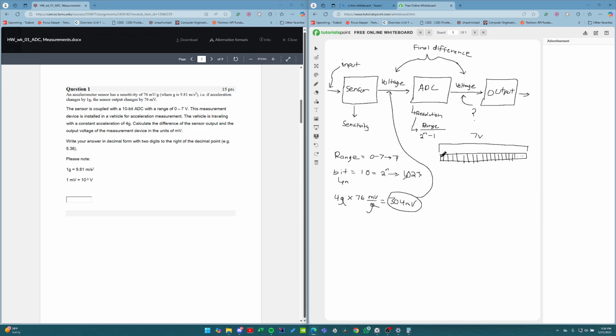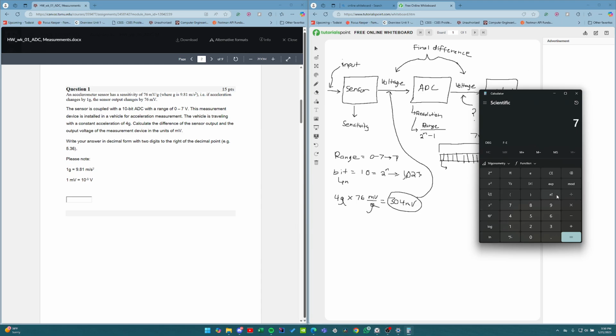So basically, when we try to find the resolution, this resolution is this one tiny chunk that is split up. If we do the math, 7 divided by 1023, we get this number.